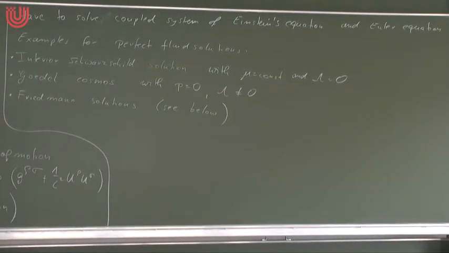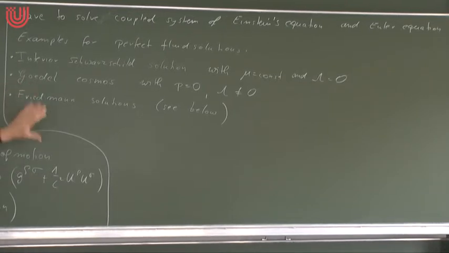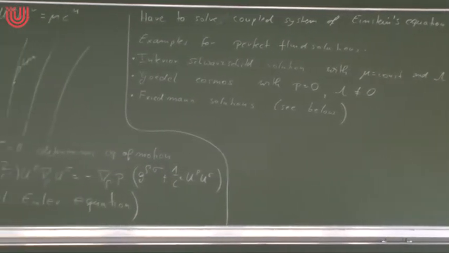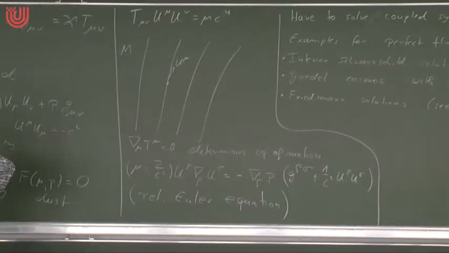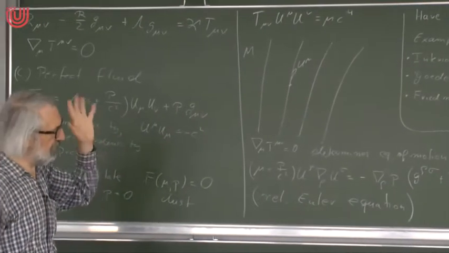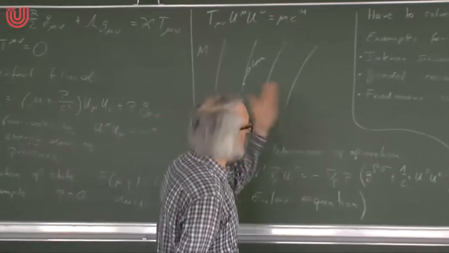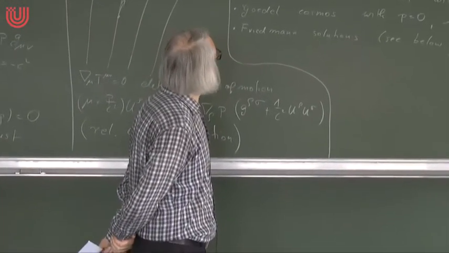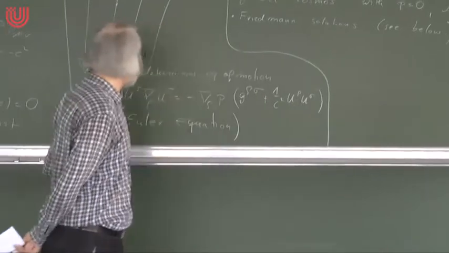So this is the central part of modern cosmology. Modern cosmology is based on these solutions. And then on top of them, one discusses small perturbations. But this is the second step. The basic features, the global features, are given by these solutions. Okay, so we will come to that in detail.